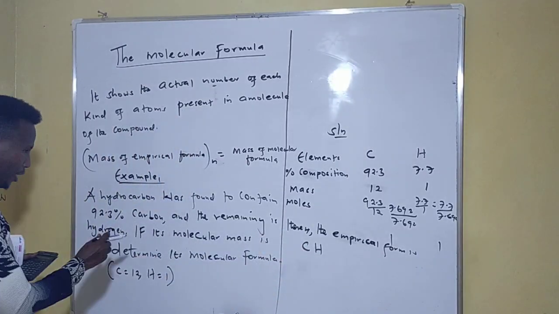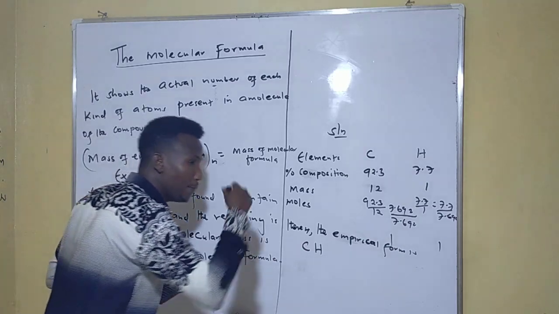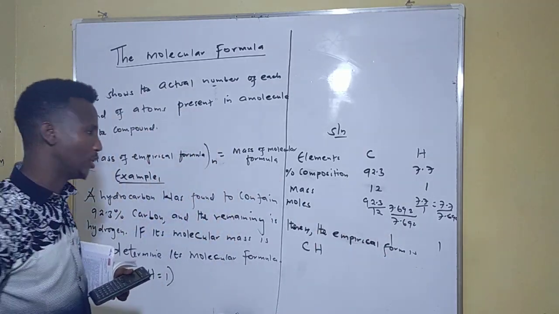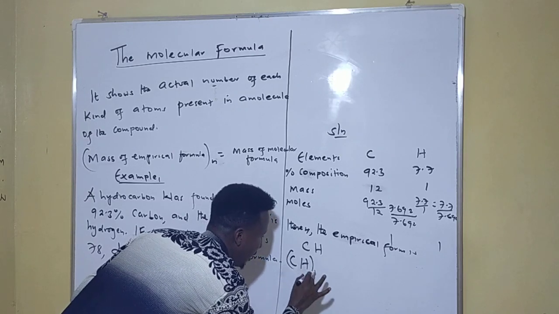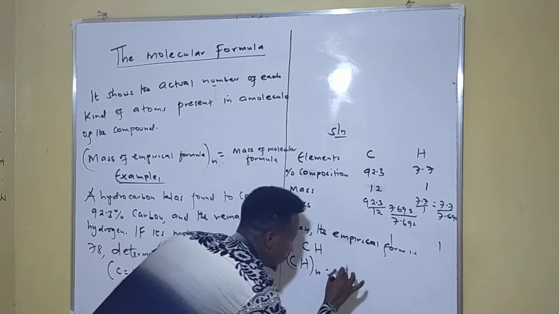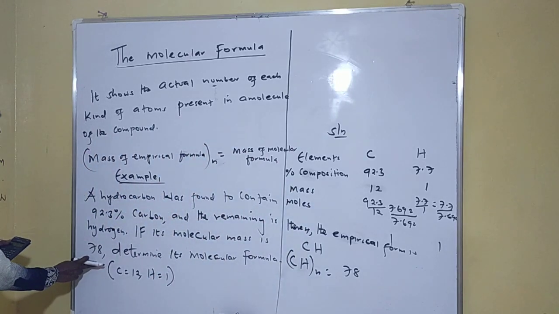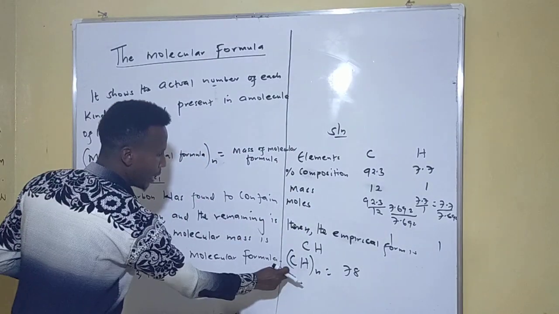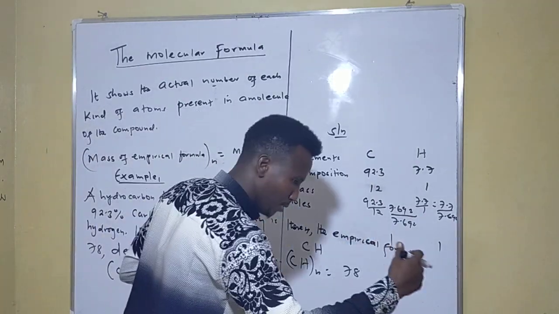But remember, you are told, look here, it's the molecular mass. So we know that the empirical formula multiplied by n will give us what? The molecular mass. So we're going to say (CH)n is equal to 78. The empirical formula multiplied by a certain number will give us the molecular mass.